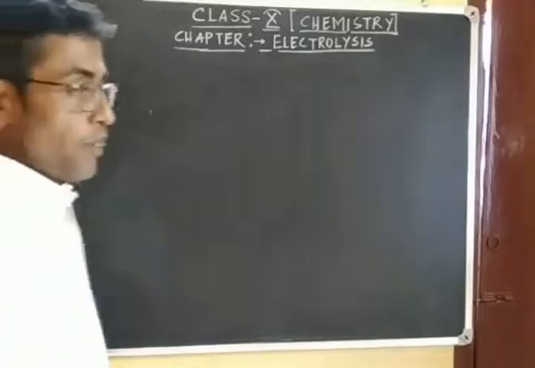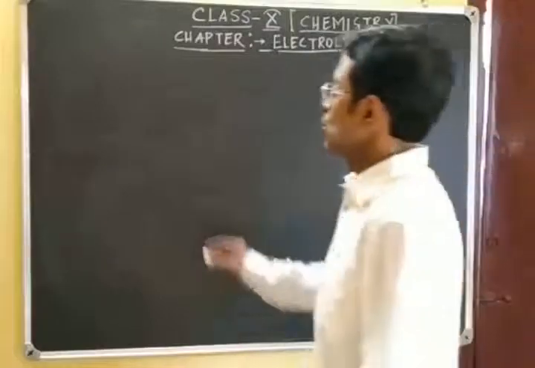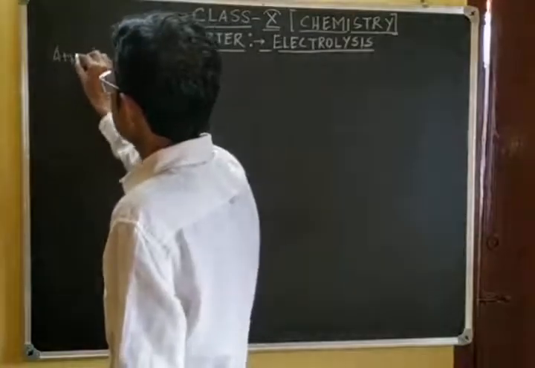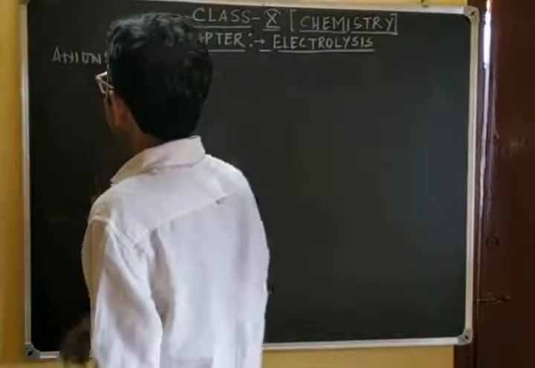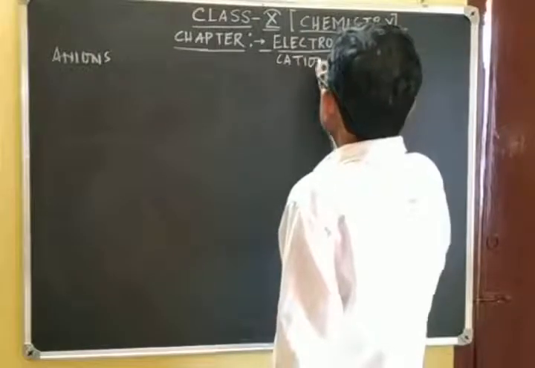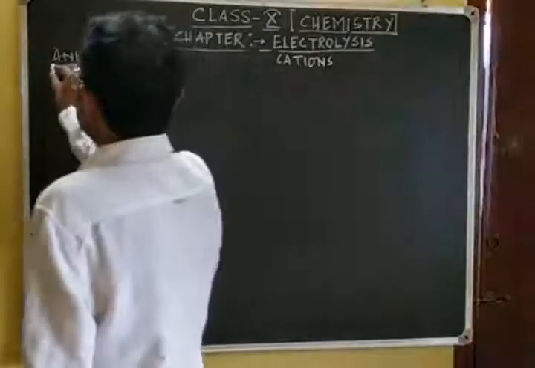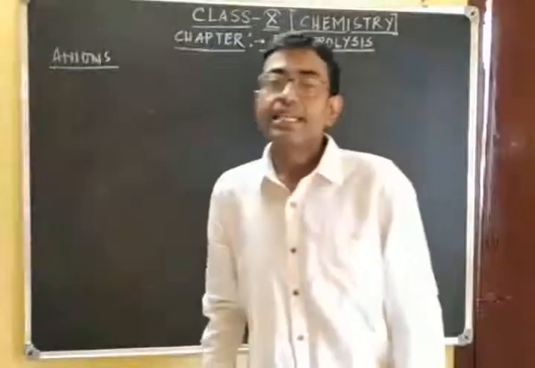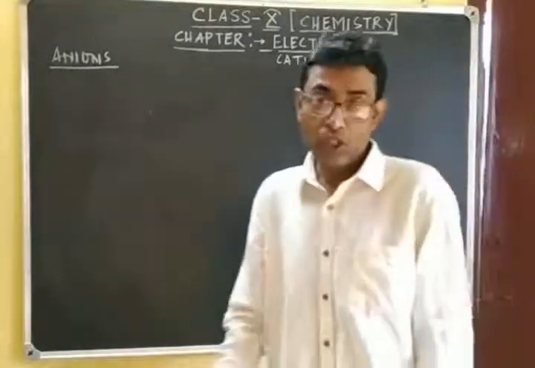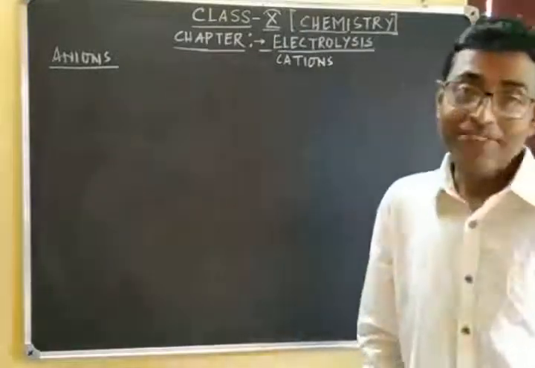Now to continue, I will be starting with anions and cations. So it is very important in electrolysis, anions and cations. You all know this. In the periodic table and chemical bonding, we have learned that any element which tries to gain electrons will form a negative ion.